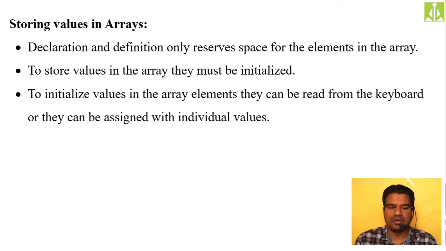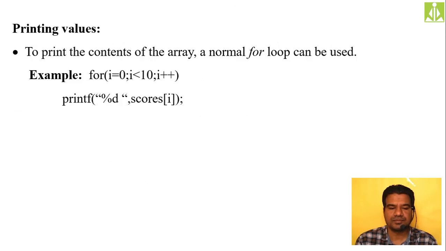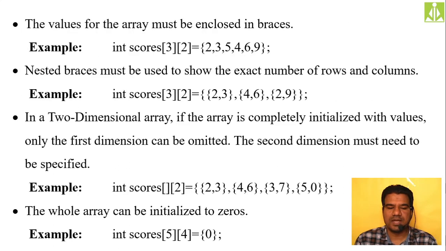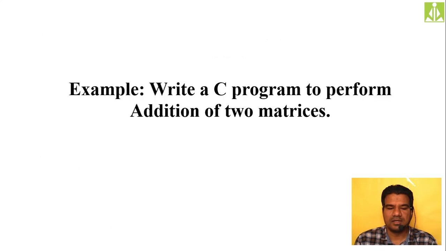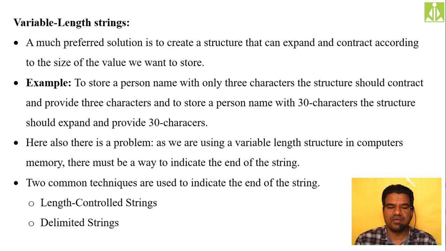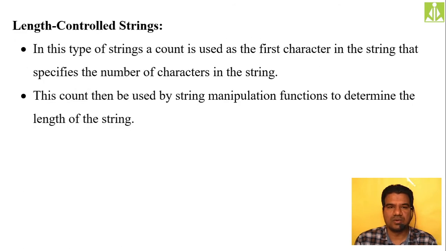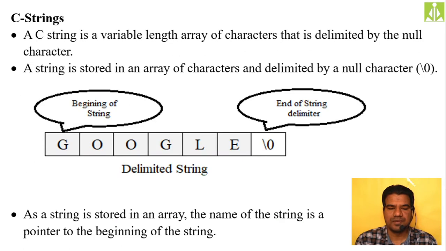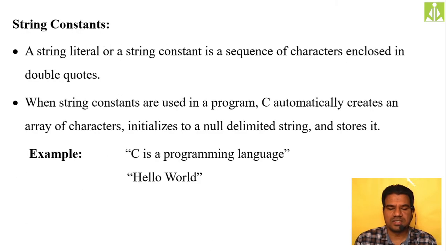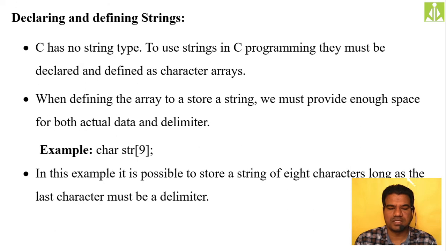Quickly I will go to that slide. All these things we had earlier: strings, fixed length, variable length, then length controlled strings, delimited strings. C strings, we said they are delimited. String constants, how we can represent them, that also we discussed.